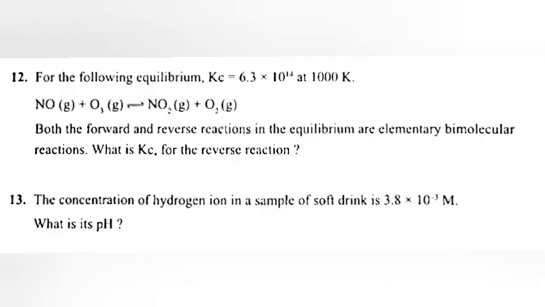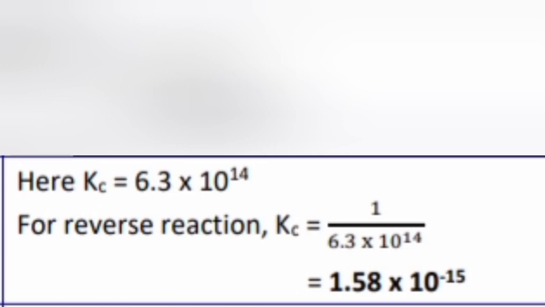12. For the following equilibrium, Kc = 6.3 × 10^14 at 1000 K. Both the forward and reverse reaction in the equilibrium are elementary bimolecular reactions. What is Kc for the reverse reaction? Answer: here Kc = 6.3 × 10^14. For reverse reaction, Kc = 1/(6.3 × 10^14) = 1.58 × 10^-15. 13.